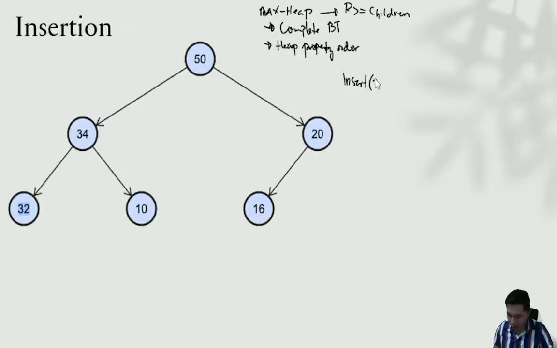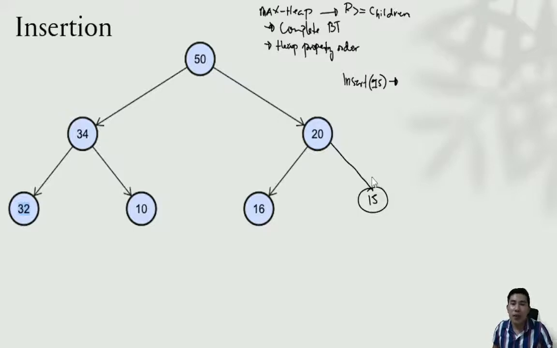If you insert 15 as a node, to keep it a complete binary tree, which is the first property of a max heap, it should be placed right here. So now we have the node 15 here.